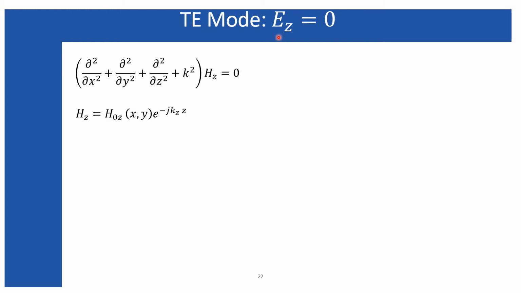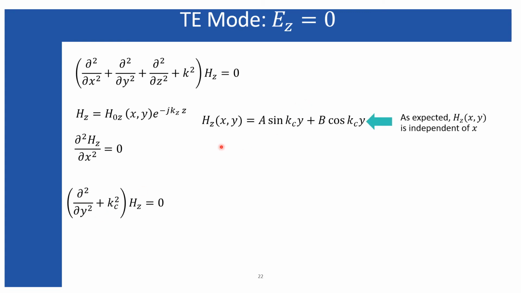Similarly, Hz has variations along x, y, and z, but the z variation includes the propagation term, which includes this wave number kz, and the variation along x I am also considering 0, so it includes only the y derivative with the cutoff wave number kc, and now we have a solution for Hz.